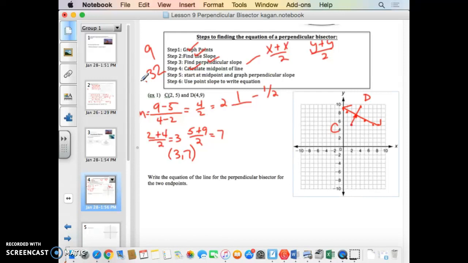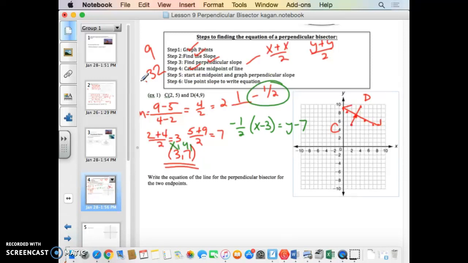Perpendicular bisector. Now if I want the equation, I'm going to use point slope form. This is my point, so this is my x1, y1, and this is my slope. Okay, so I'm going to do -1/2 times (x minus 3) equals y minus 7.